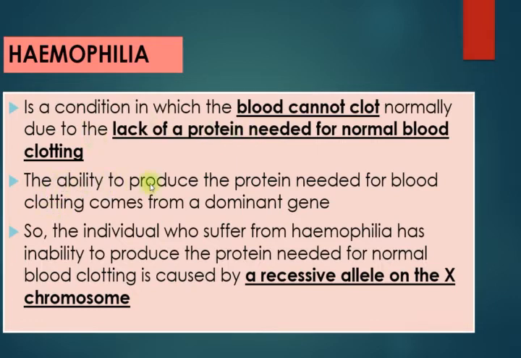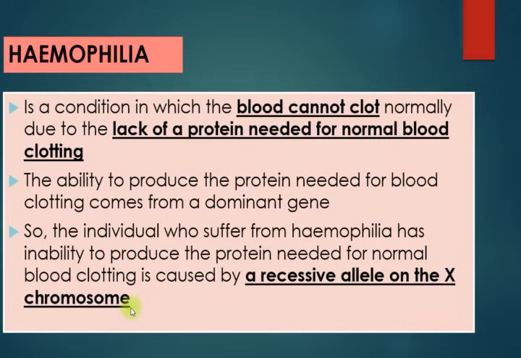The ability to produce the protein needed for blood clotting comes from a dominant gene. So the individual who suffers from hemophilia has an inability to produce the protein needed for normal blood clotting, caused by a recessive allele on the X chromosome.